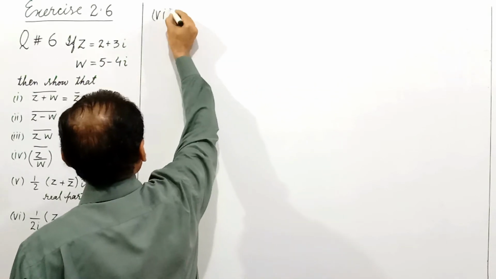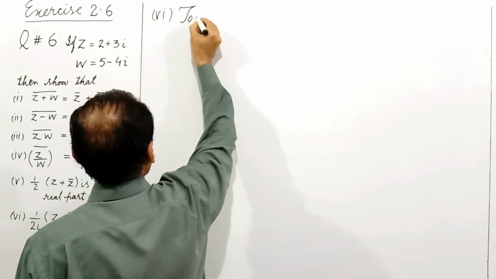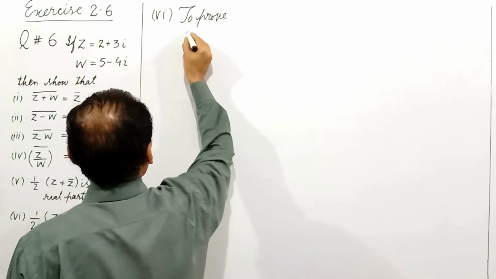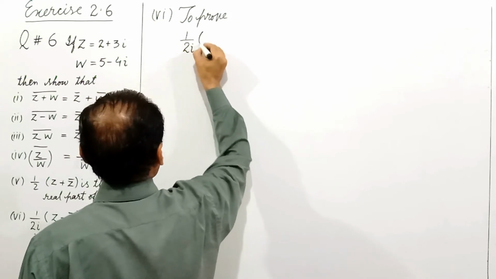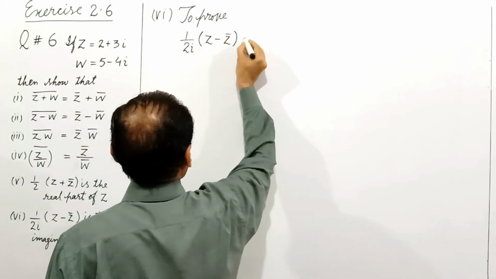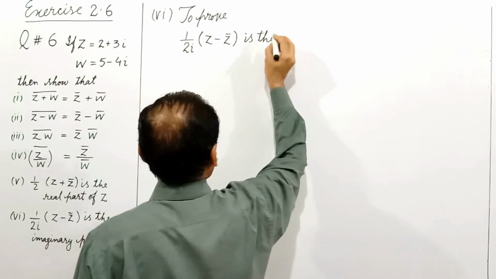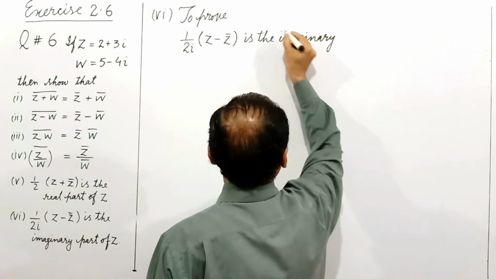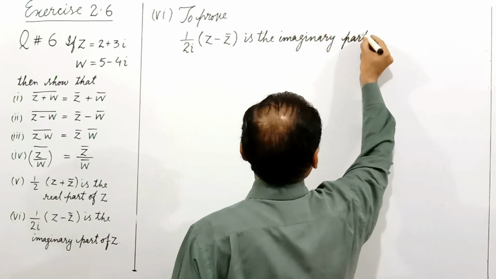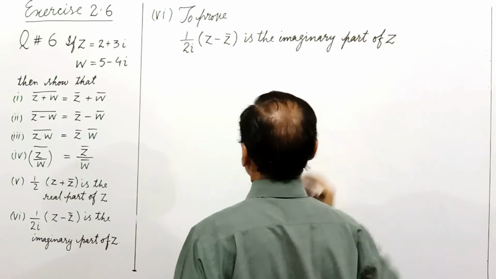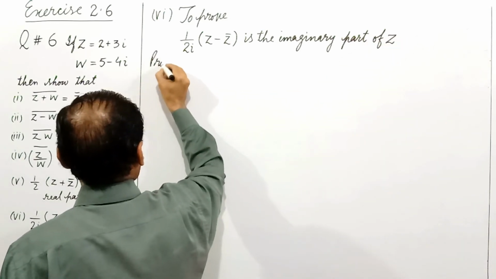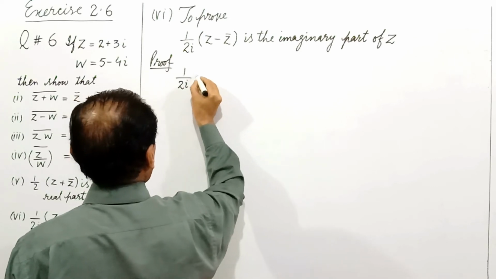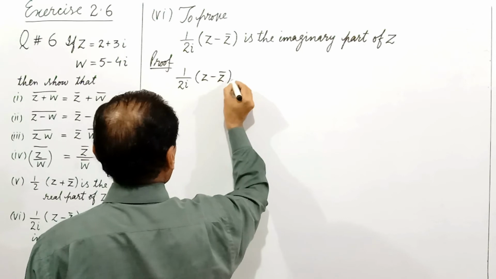Part 6, to prove 1 over 2 iota into Z minus Z bar is the imaginary part of Z. For proof, we need to find the value of 1 over 2 iota into Z minus Z bar first.